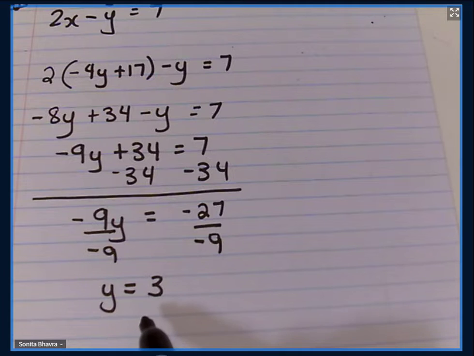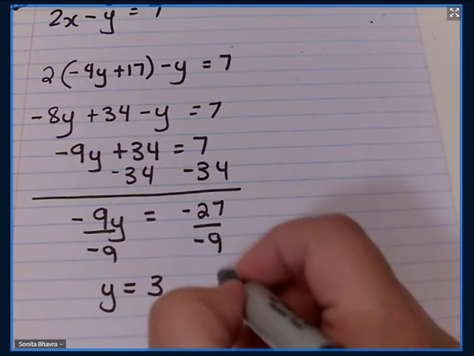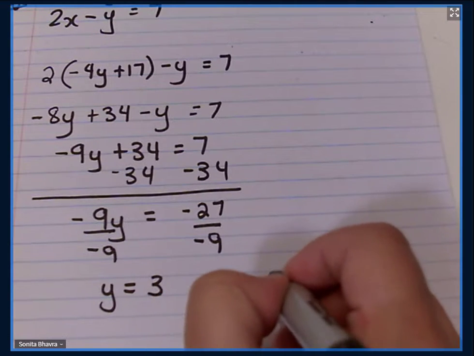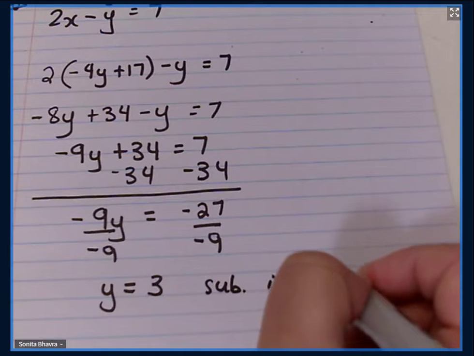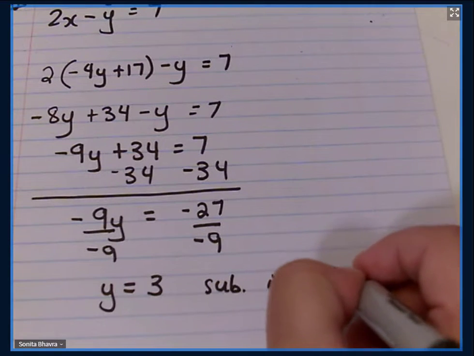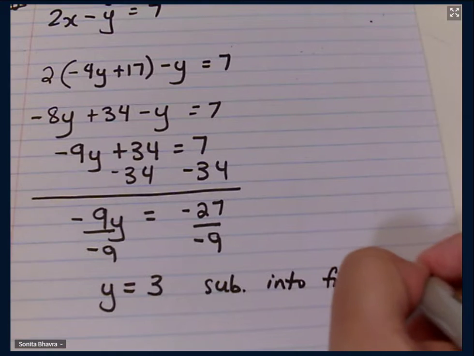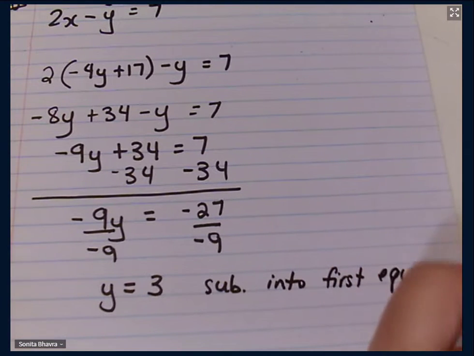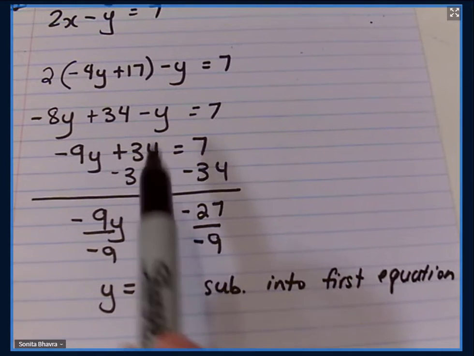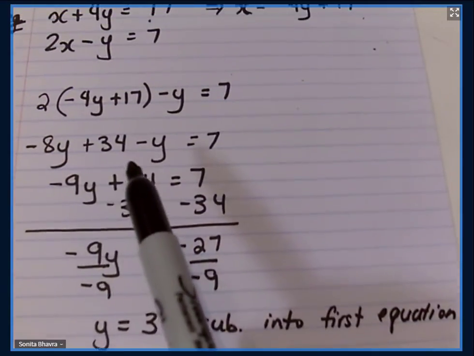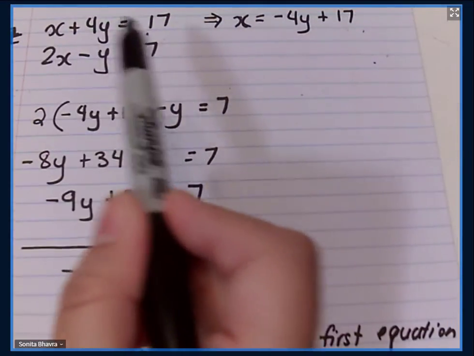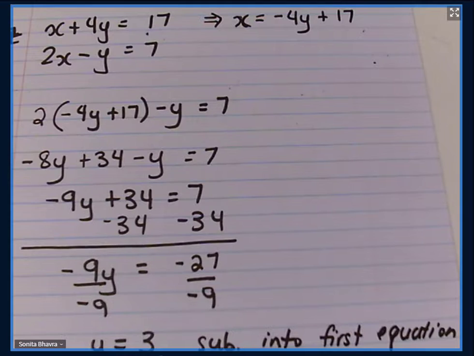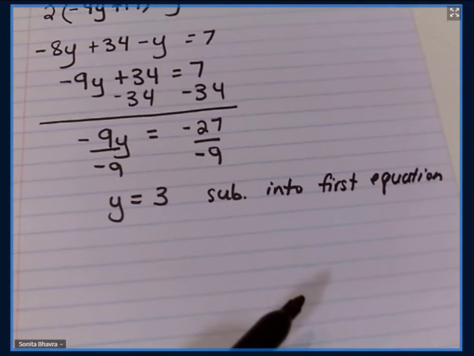So what you're going to do with this, y equals 3, is you're going to substitute it into the first equation. You're not going to substitute it back into the equation we just used. You have to use the first equation, which is x plus 4y equals 17, which is what I will do next.